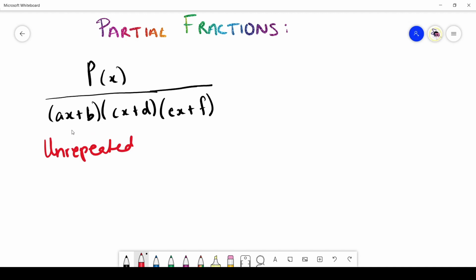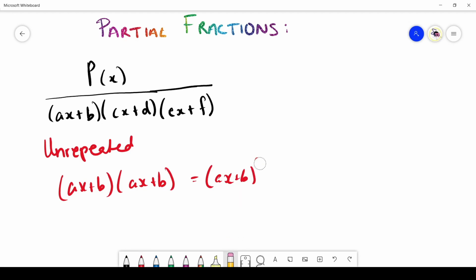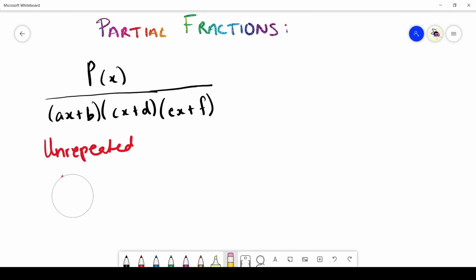For example, you have ax plus b in one bracket, and the second bracket is also not ax plus b. This would give you something like ax plus b all squared on your denominator. So that's what we mean when we say something is unrepeated, or it has unrepeated factors, right? There is no repetition present.